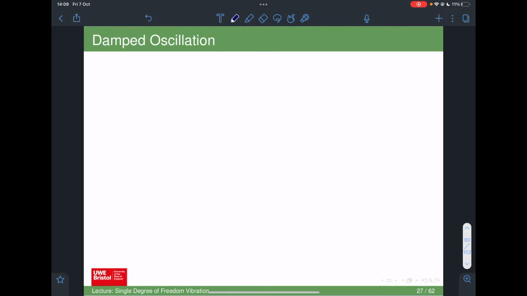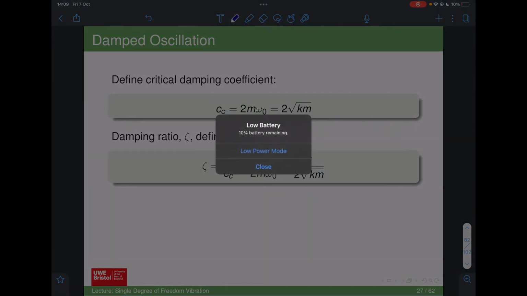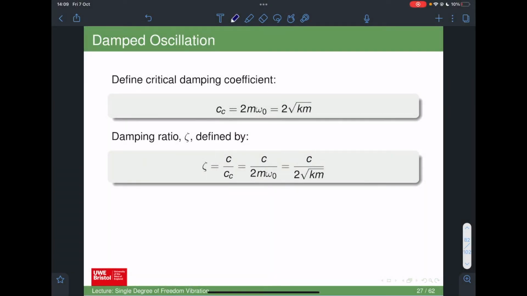But like I said, that gives rise to three types of damping. Okay, if we, oh dear, I should probably plug it in.